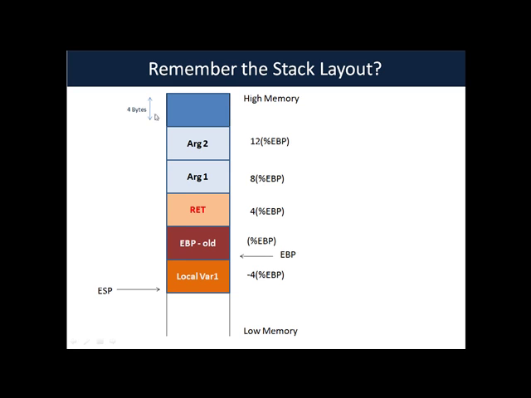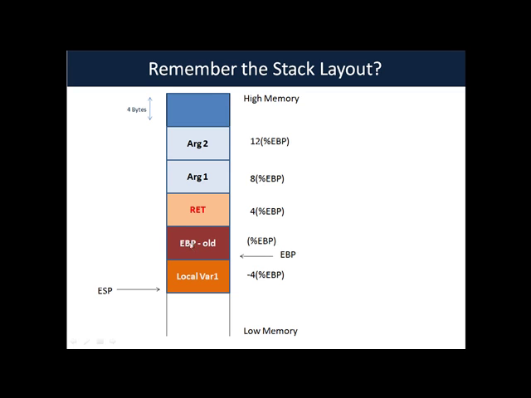But very briefly, the stack grows from high memory to low memory. Whenever a function call happens, the arguments to the function are first stored onto the stack. Then the return address is stored, which is the next instruction the processor has to execute once it returns from that function.